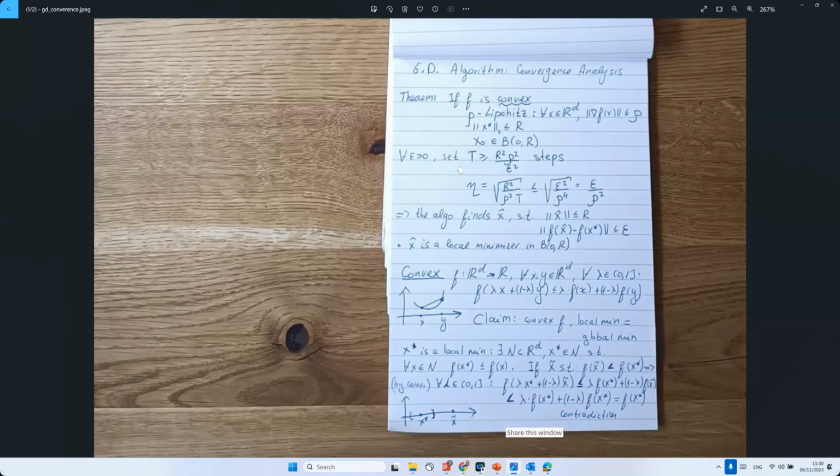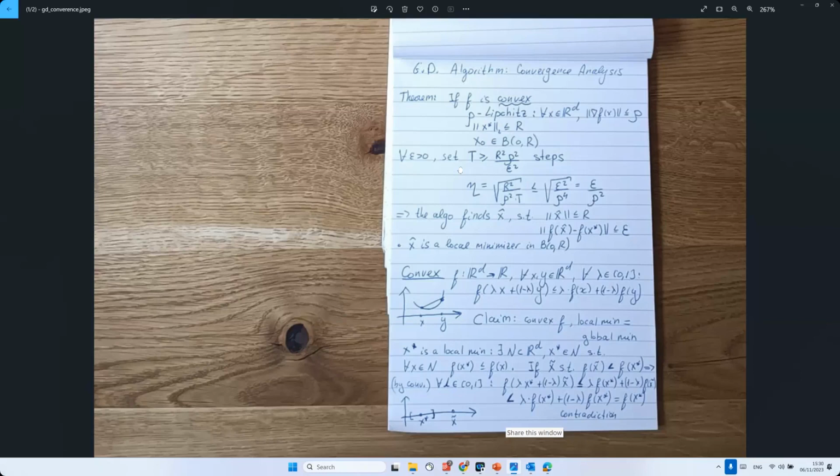So how do we get a contradiction? This is true for any point in the interval between X star and X tilde. So we can choose lambda small enough such that this point between X star and X tilde lies inside the region N. Then we can find some point in the region N with a value strictly smaller than the value of F at X star.